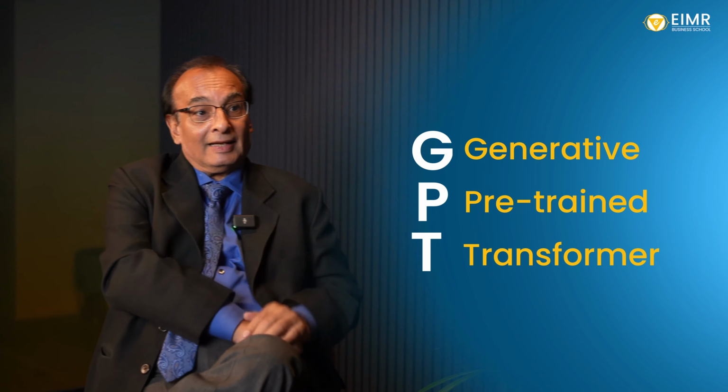Now what is generative? The meaning of generative is that it is not very specific. It is general in nature. And there is another meaning of this term: it is based on information which is generally available in the public domain, where it is not hidden.